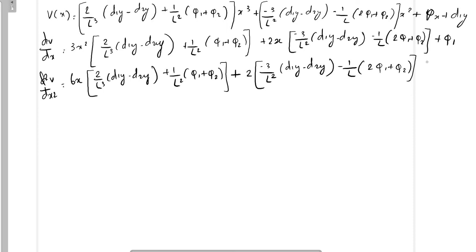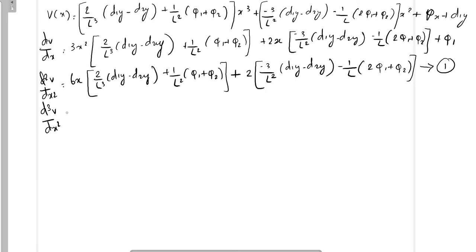So keep this d²v/dx² as equation 1, because we are going to deal with the equation only with d²v/dx² and d³v/dx³, which represent the moment and shear force respectively. Now we are going to differentiate the above equation again with respect to x.